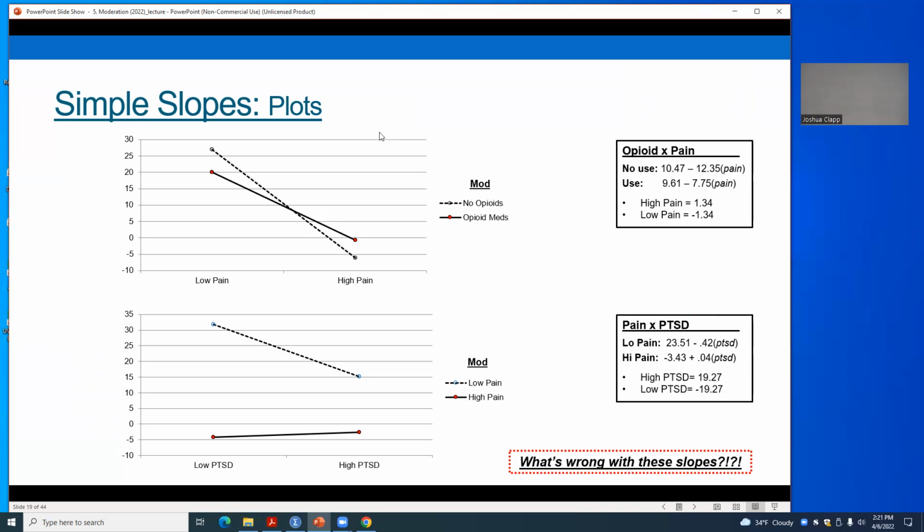What's the minimum? Did we do anything with standard deviations for our output? No. So remember, we took the natural log of role functioning. What's the minimum value of role functioning that we can have? 0, right? Where does 0 fall on our y-axis here?